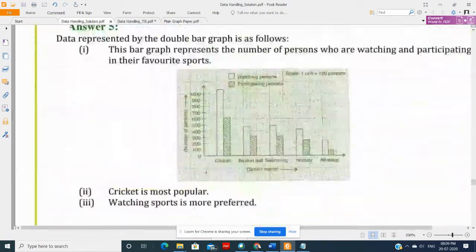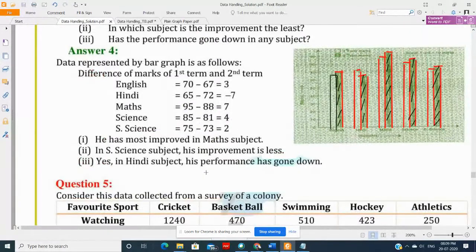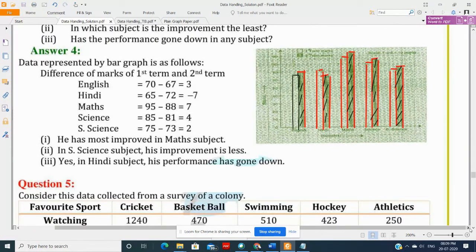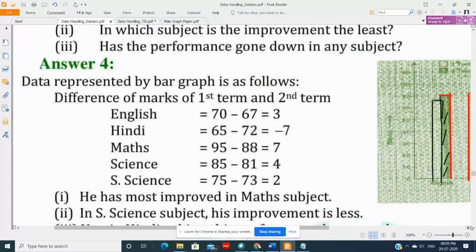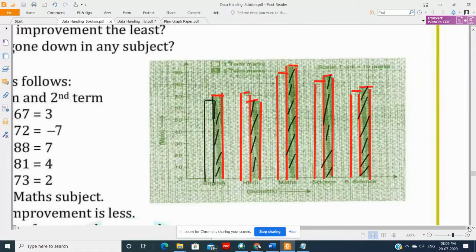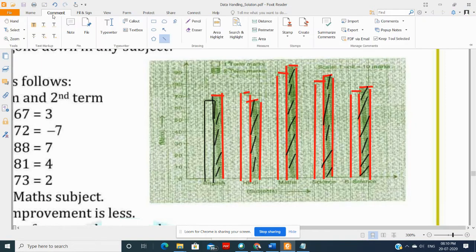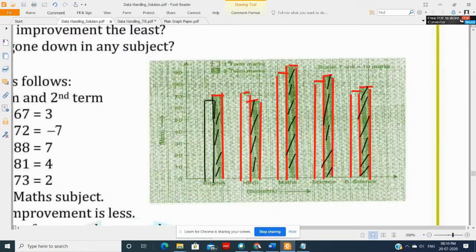Just a minute. See, if you take this, I hope you can see this. This is the first term mark. They have just given one box like this, and one more box they have given, but this box is filled.